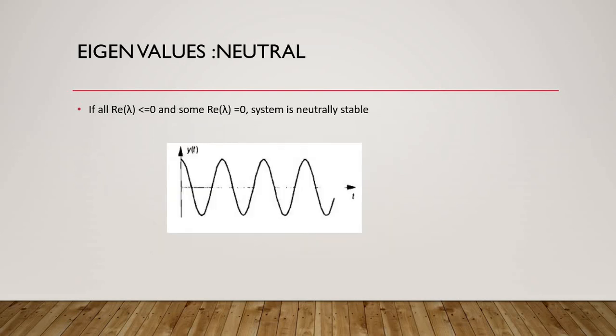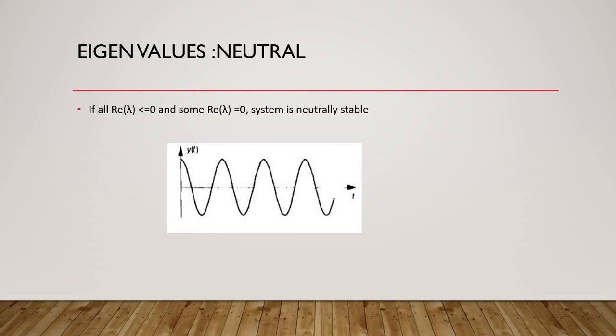Now, if all real parts of the eigenvalues are less than or equal to zero, with some eigenvalues being zero and some having a negative real part, then that will be a neutrally stable system. That is the meaning of the eigenvalues.